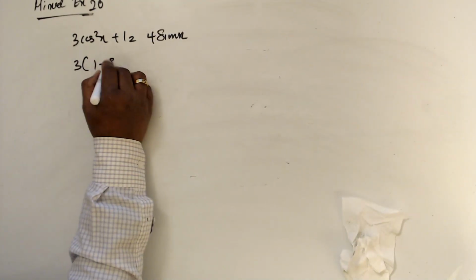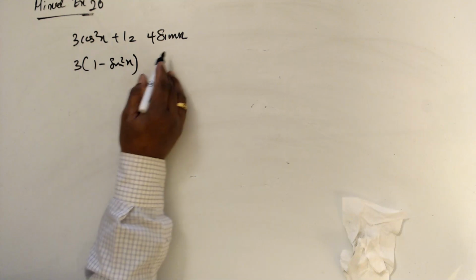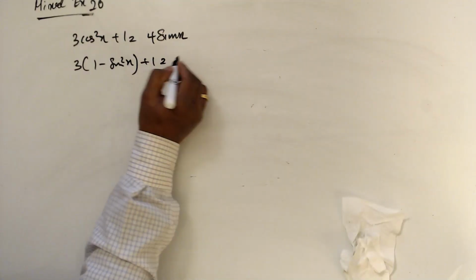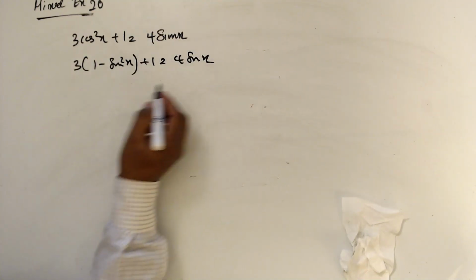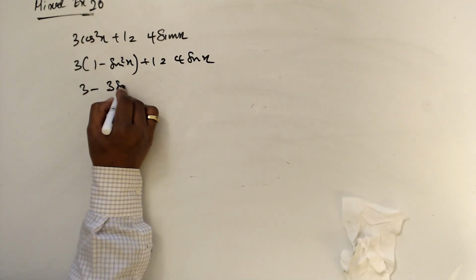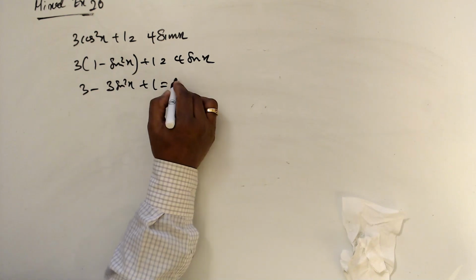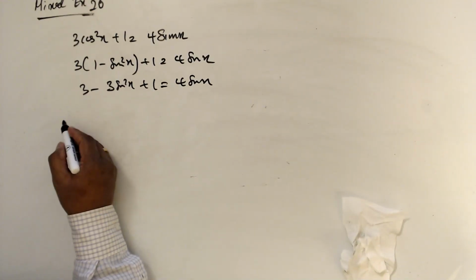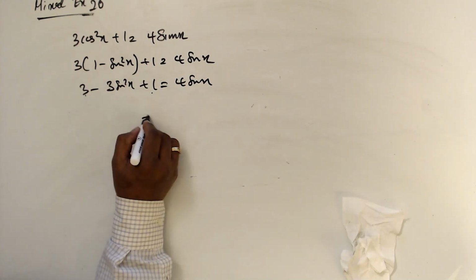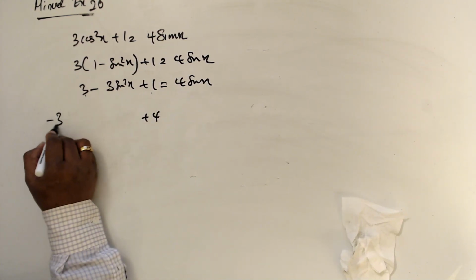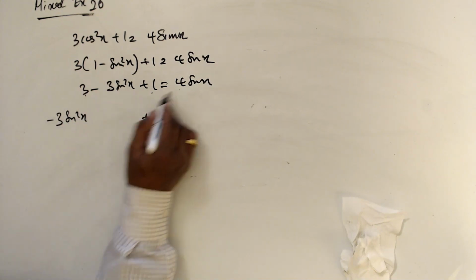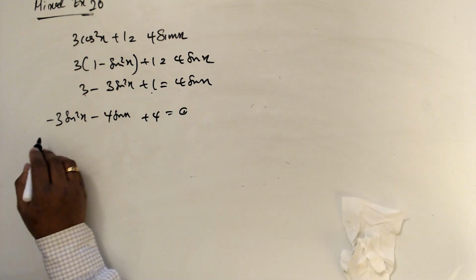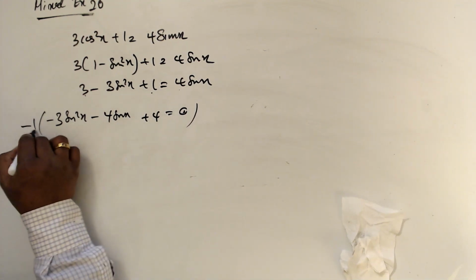See, this is 1 minus sine squared x, because we have to turn cos to sine, because this is sine, plus 1 equals 4 sine x, 3 minus 3 sine squared plus 1 equals 4 sine x. I'll bring everything to the left side. 3 plus 1, 4. This is minus 3 sine squared x. This becomes minus 4 sine x equals 0. So I'll multiply everything by minus 1.